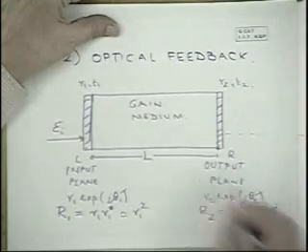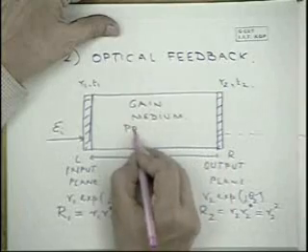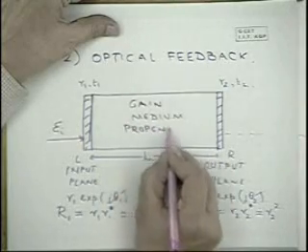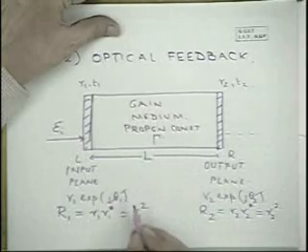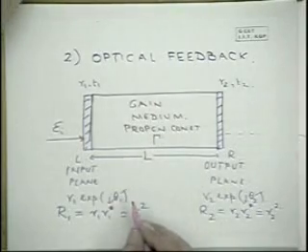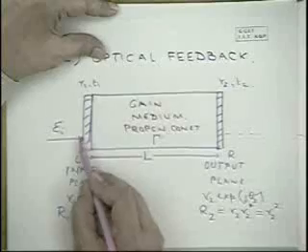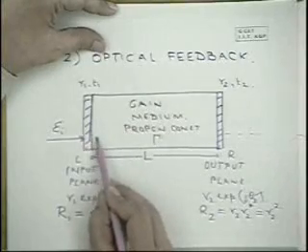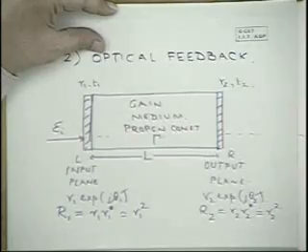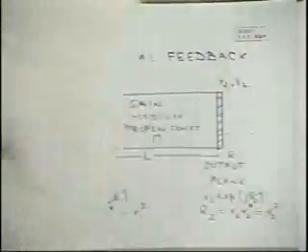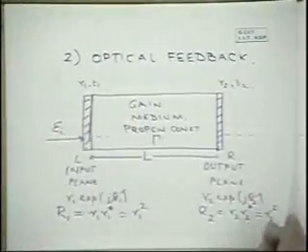Now let us say this gain medium has a propagation constant gamma. We want to see what happens as the ray traverses this cavity from left to right.